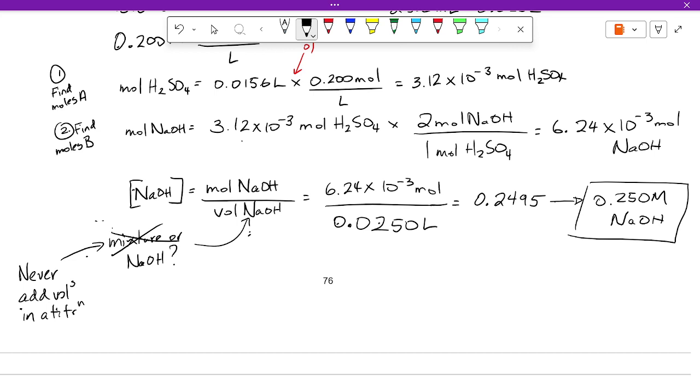Are we going to get questions in which we will get the final volume? Why would you need that? Because that's not what you're measuring. Here's how a titration works. You take a pipette and put, say, 10 milliliters of solution B into a flask.